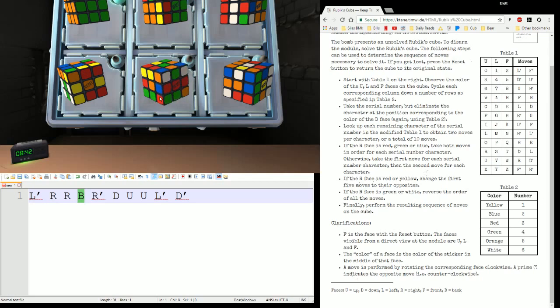So to do a back clockwise, because I'm looking at it from the opposite angle, would be in the other direction. So this would be a back clockwise. Likewise, up clockwise is easy to see. So down clockwise would be the other direction. And same for left and right. Left clockwise, right clockwise.